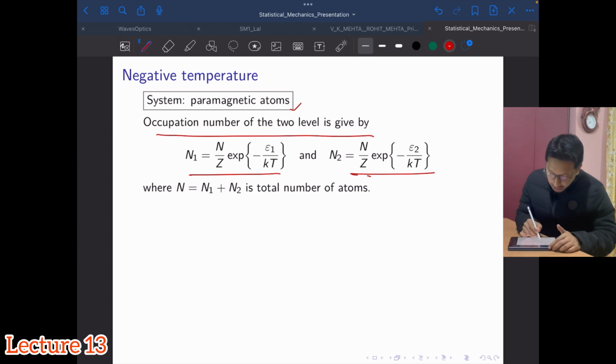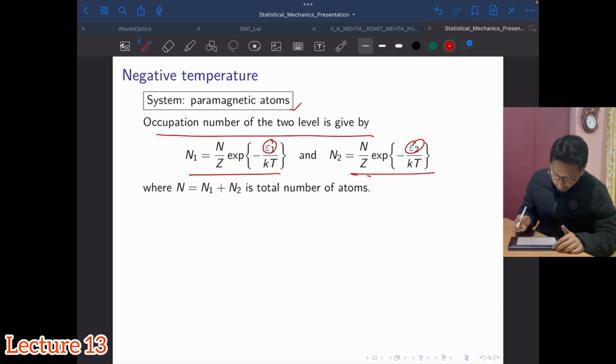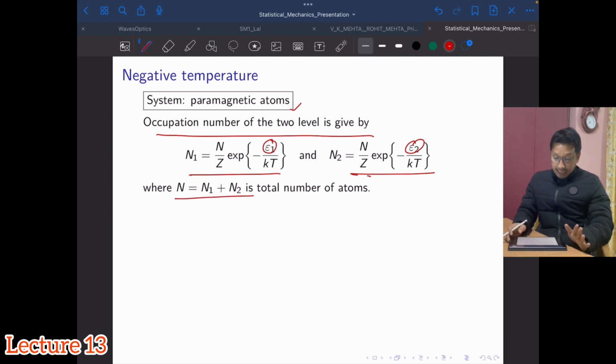E1 is the energy of the lower energy state, the ground state, and E2 is the high energy state. Here we are talking about only a two energy level system, where N is equal to N1 plus N2.